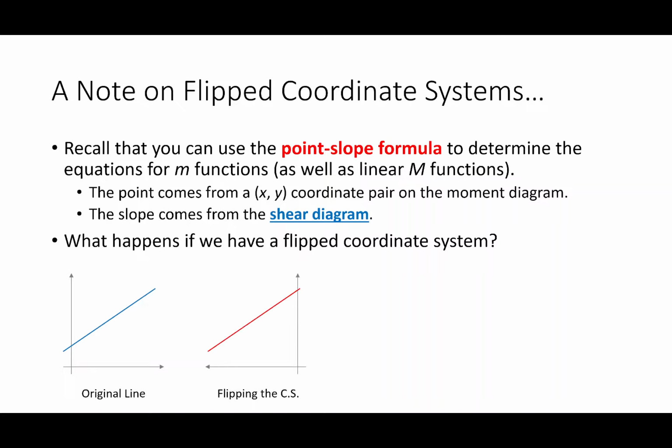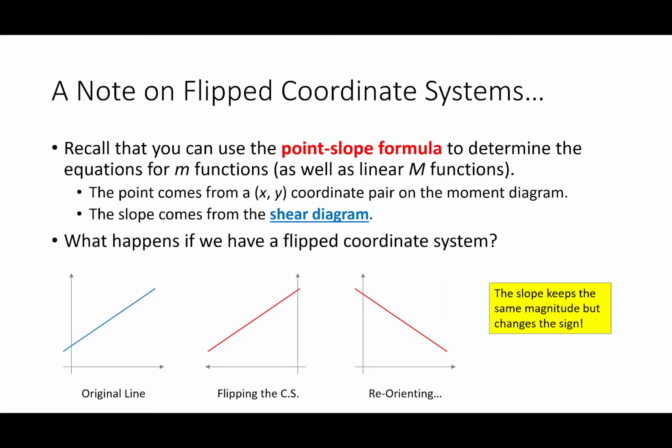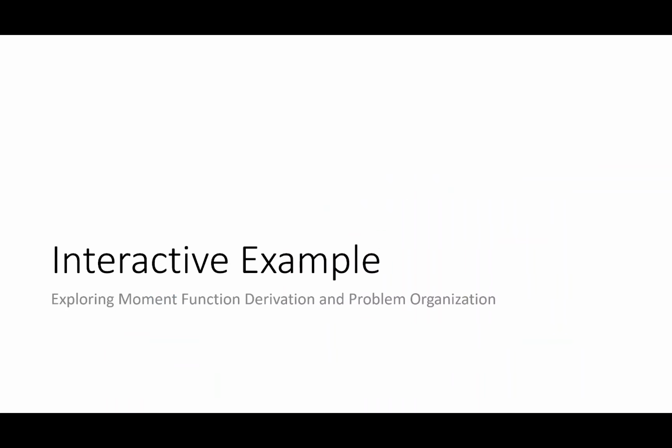So if you have this line on a different coordinate system, if you orient the coordinate systems the same way, the line gets flipped the other side. So in other words, if you want to use the point slope formula to get your moment equations, just change the sign on the slope if you're flipping the coordinate system. So again, you can get around all that by just cutting sections, but just wanted to throw that out there. Okay.